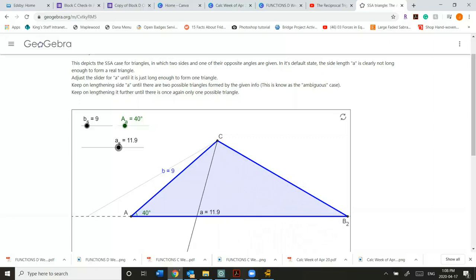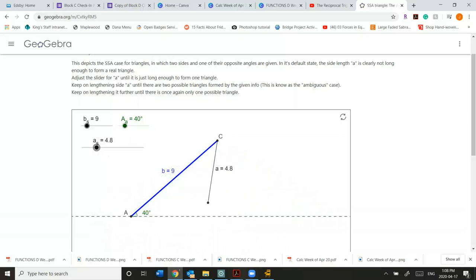If I swing the arm, it actually swings outside of the triangle, and we can't actually have that. So this is one scenario right here. Now, if I make side A too short, look what's happening here. It doesn't even matter where I rotate this arm A, I actually can't create a triangle here.